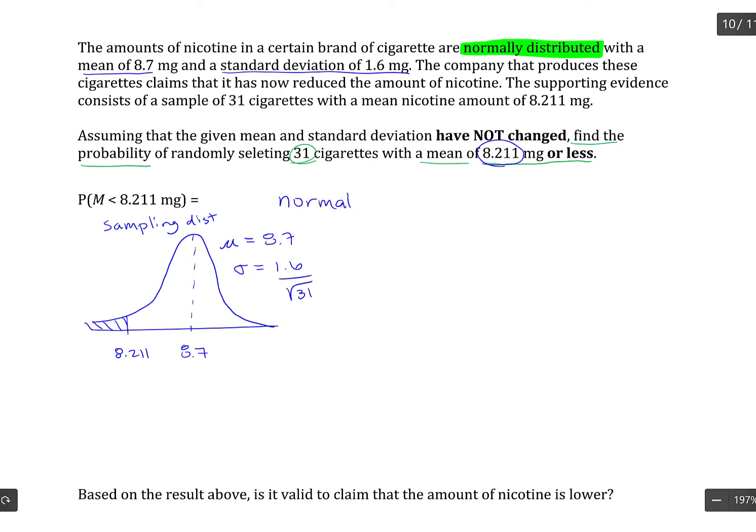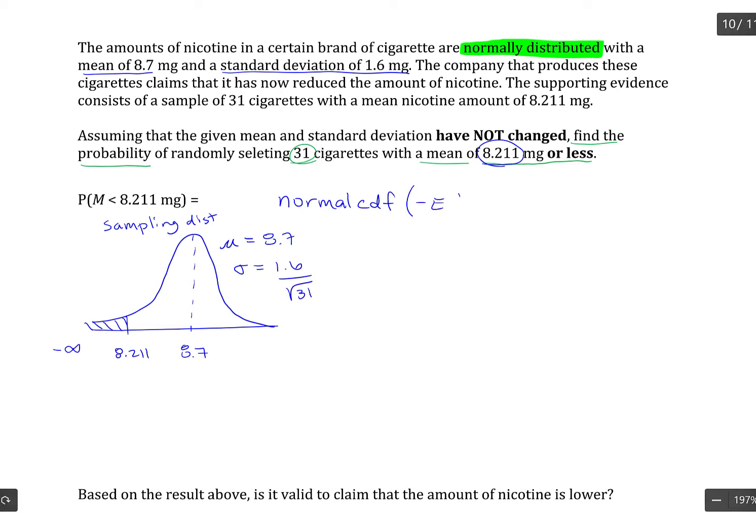To find the area under a normal distribution's curve, I use the normal CDF function, which takes 4 inputs. The first 2 inputs are the lower bound and the upper bound of the shaded region.